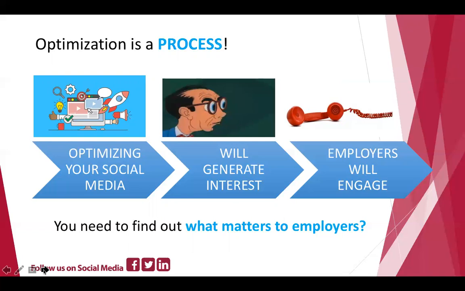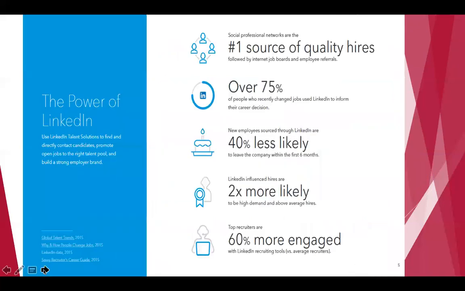But in order to do that, we sort of need to get into the mind of the employer. So what is it that's important for them? Because guess what? It's not only about you. So a couple more words on the power of LinkedIn, where optimization is such a key. Well, it's number one source of quality hires, that's obvious.